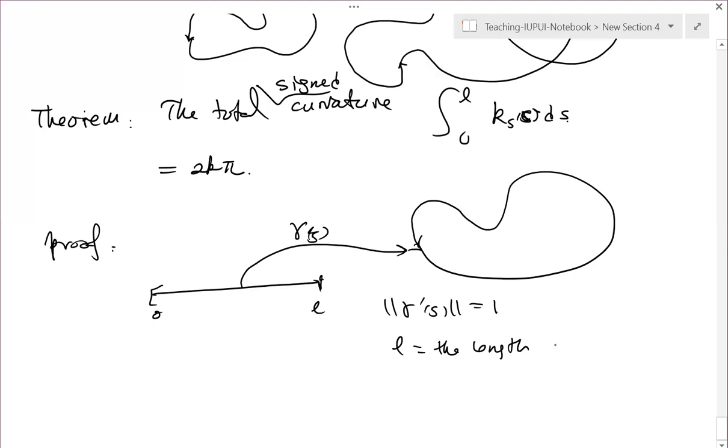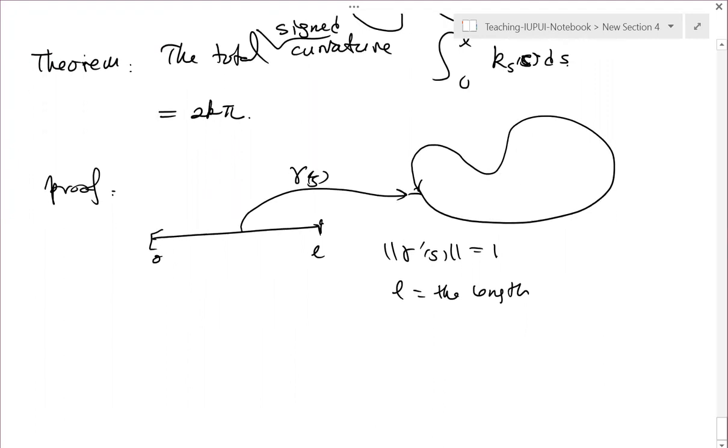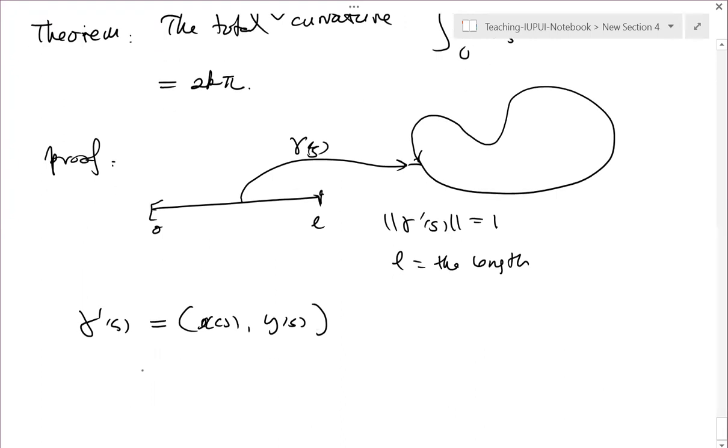So you have a map. Gamma prime of s is going to be, we have a formula here, (cosine phi(s), sine phi(s)). What is phi(s)?